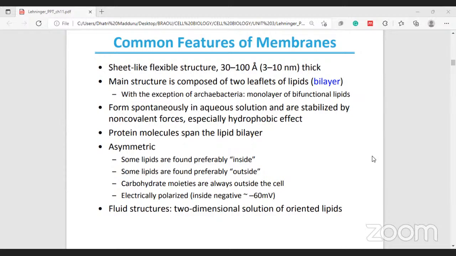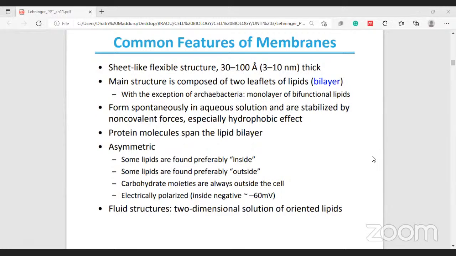And there are no covalent forces because the membrane has to be flexible, right? If the cells are rigid, then they cannot perform the functions they are performing. Therefore, they require some flexibility. So for this, there should not be any covalent interactions. So here the hydrophobic effect will be generated.